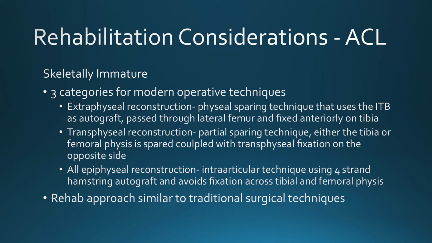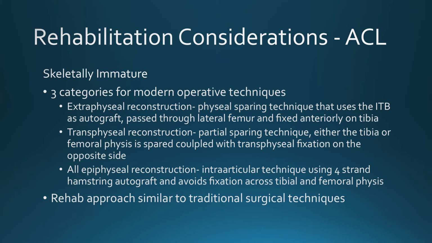Either the tibia or the femoral physis is spared, and it's coupled with the transphyseal fixation on the opposite side. And then there's the all epiphyseal reconstruction, and this is an intra-articular technique using the four-strand hamstring autograft, and it avoids fixation across the tibial and femoral physis.